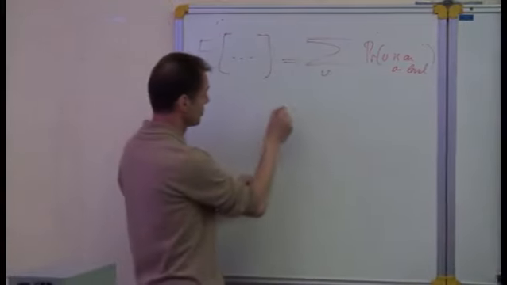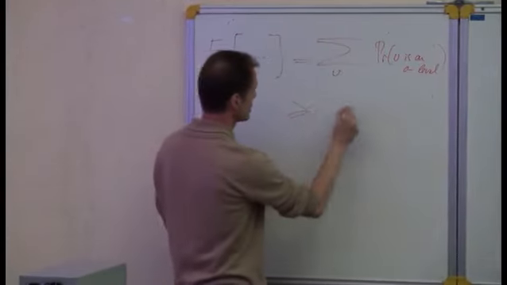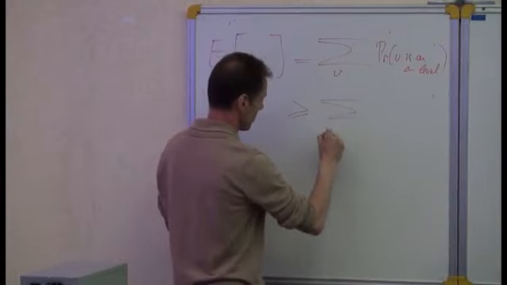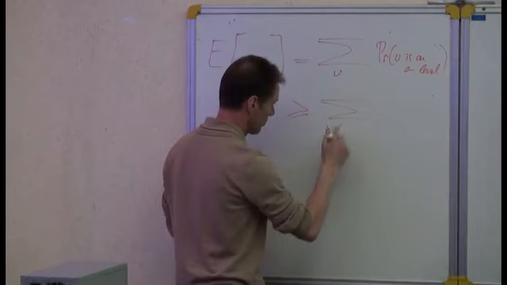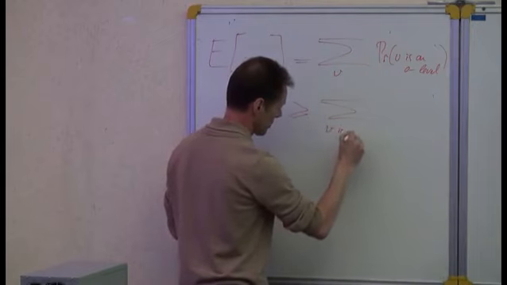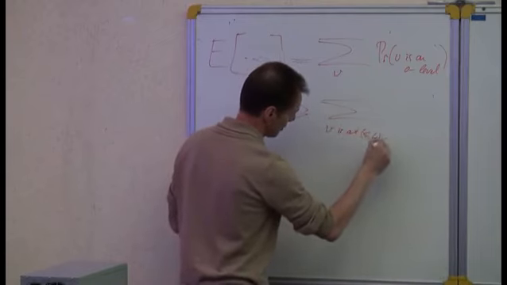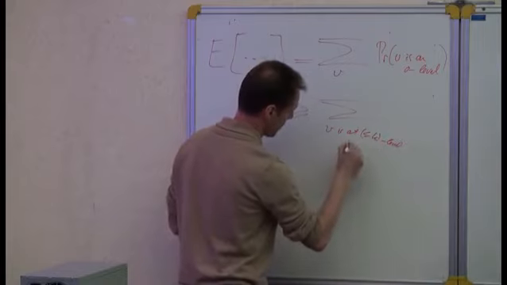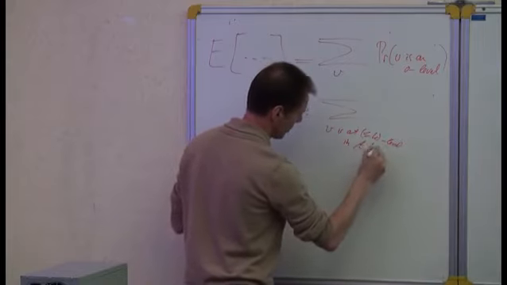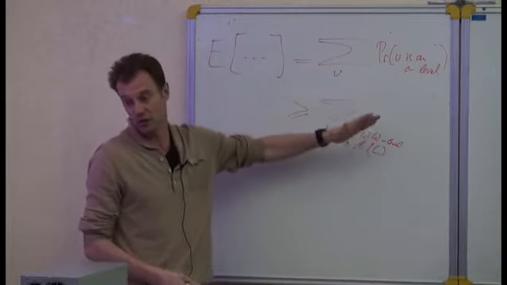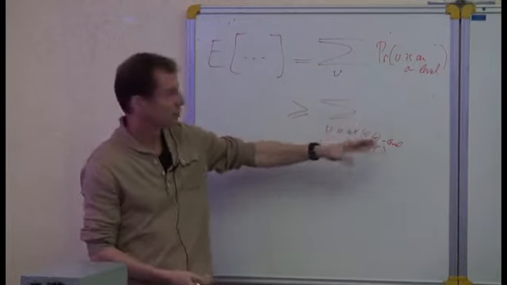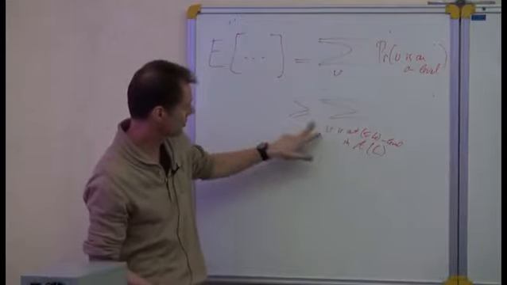Well, this is of course at least the sum over V that are at most k level in the full thing, right? Instead of summing over all vertices, I just look at some of them. So this probability is definitely bigger than this.